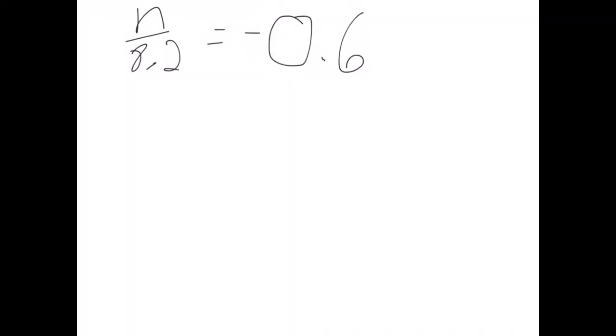The first thing that you're going to do is, since you're dividing n into 8.2, you're going to go times 8.2 on both sides.